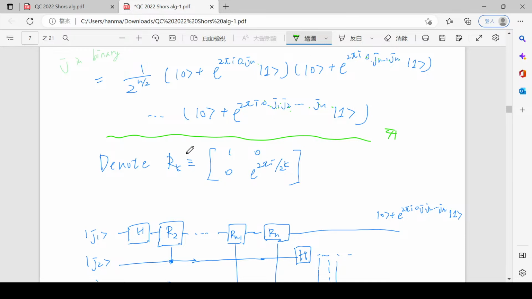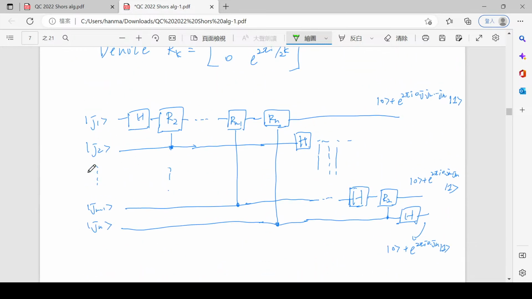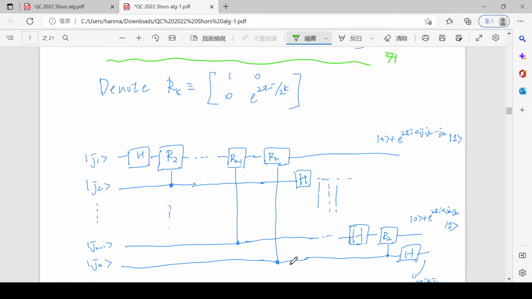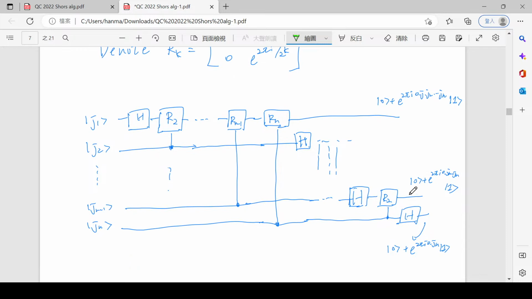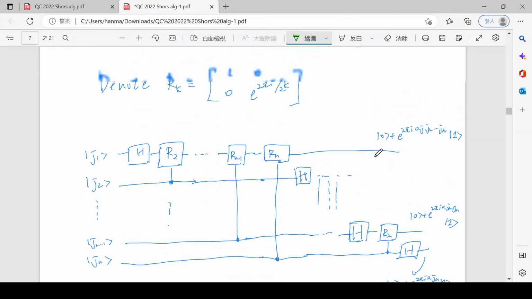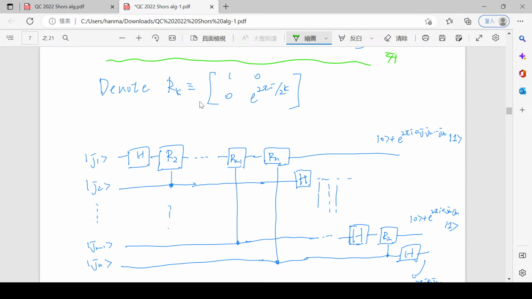And once you have this structure, then we'll show that you can do this quantum Fourier transform with this kind of circuit, where we define a very small rotation.